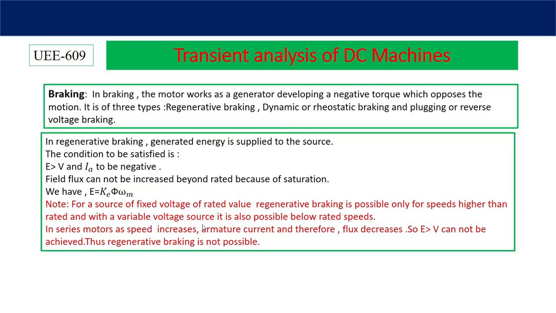In case of series motors, it is not possible to obtain E greater than V, because flux is directly proportional to the armature current. If speed increases, then armature current and therefore flux decreases. So it is not possible to increase E more than V.